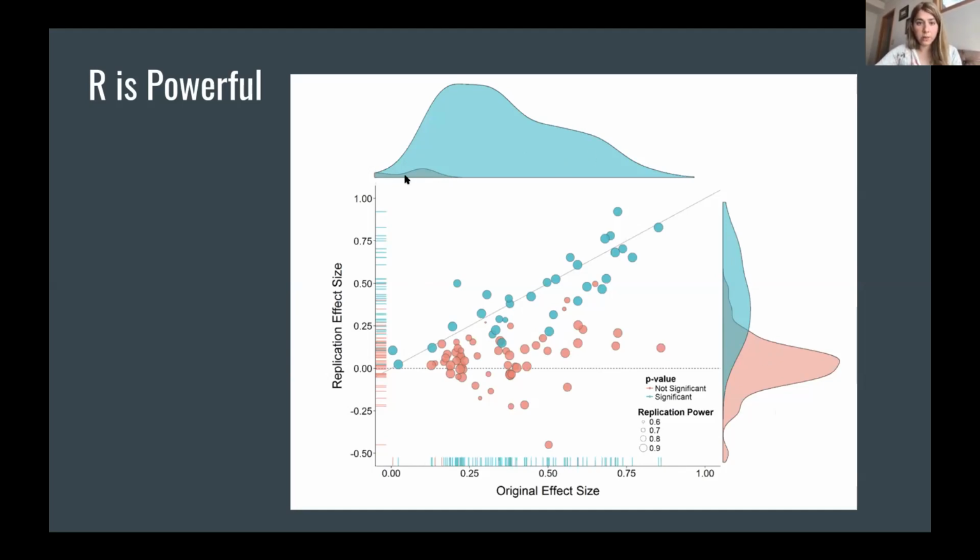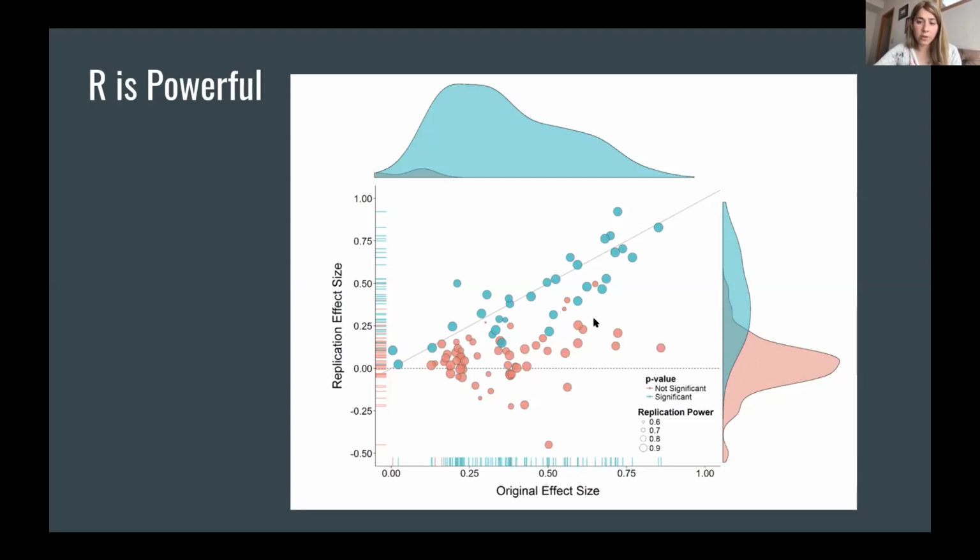Here you see that the original effect sizes were pretty much all significant, with a density curve peaking around 0.25. While here, when they tried to replicate these effect sizes, there's really a spike around p-values that are not significant.